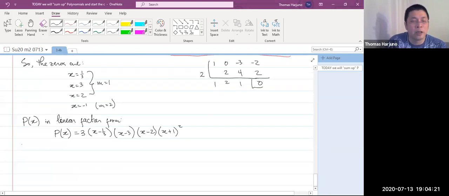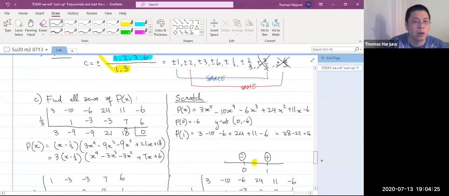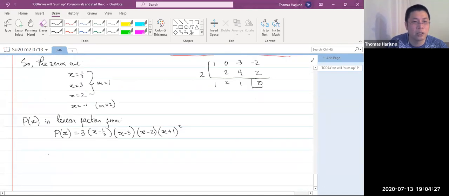Okay, and then the next question, I don't even remember what's the last one. Part C, now it's part D. The y-intercept, we have done it earlier, that's (0, negative 6). The x-intercepts are (1/3, 0), (3, 0), (2, 0), (negative 1, 0).